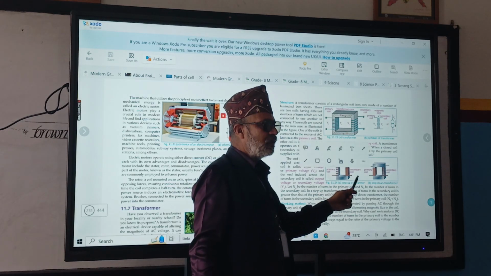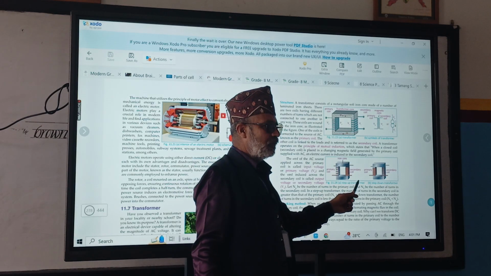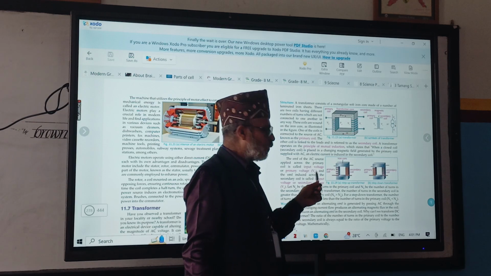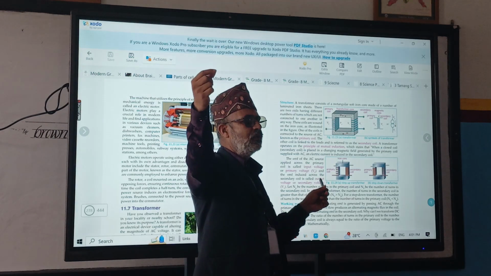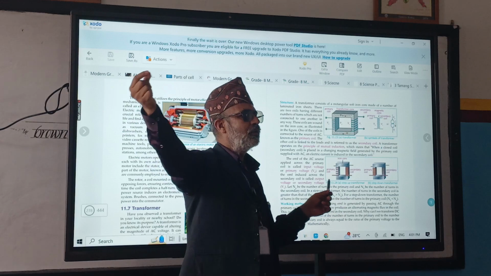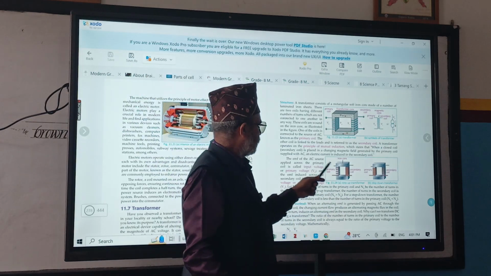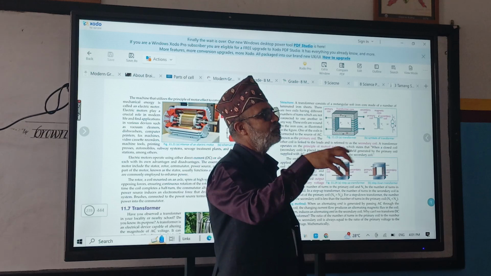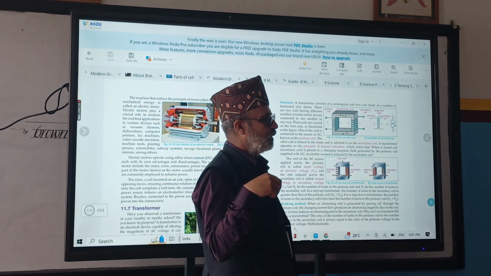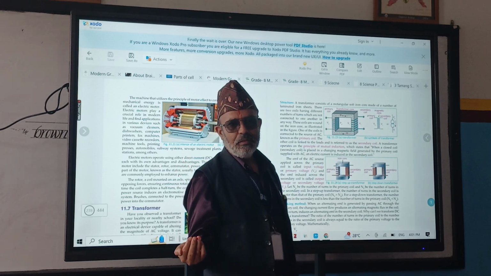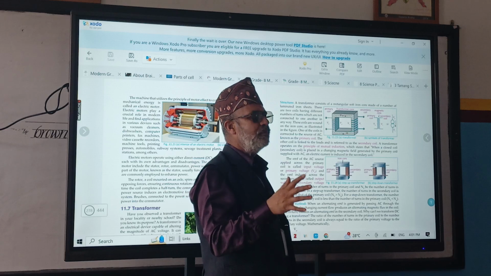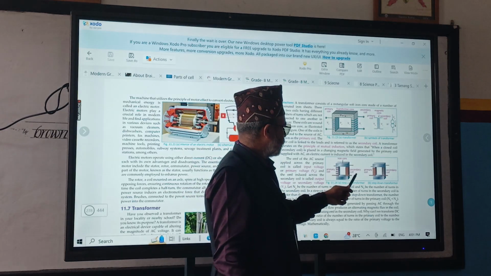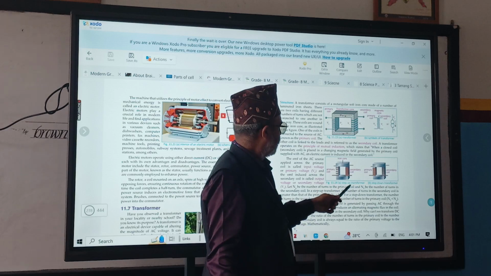Always this primary coil is connected to the AC voltage, the roadside voltage, isn't it? And the secondary coil supplies electricity to the devices we use in our home, whether refrigerator, television or rice cooker, whatever you are using.